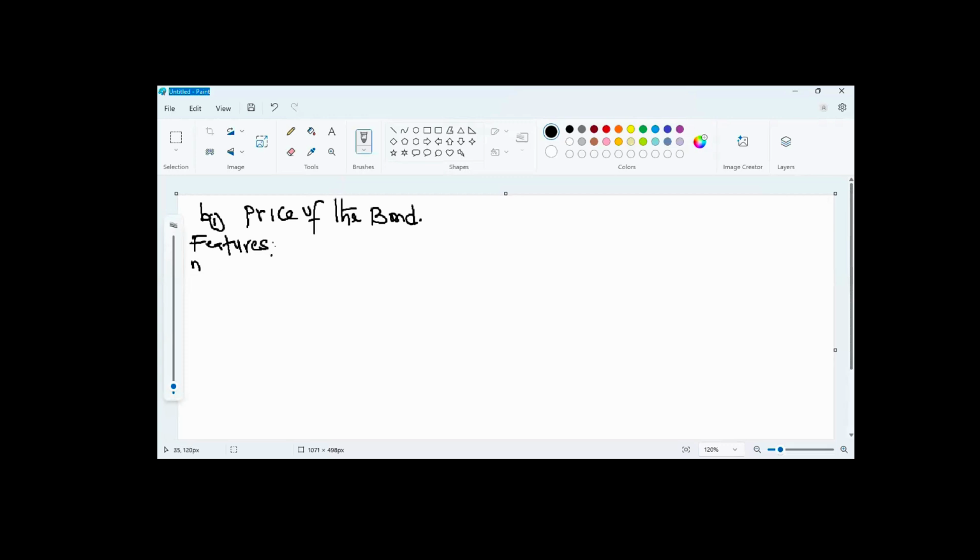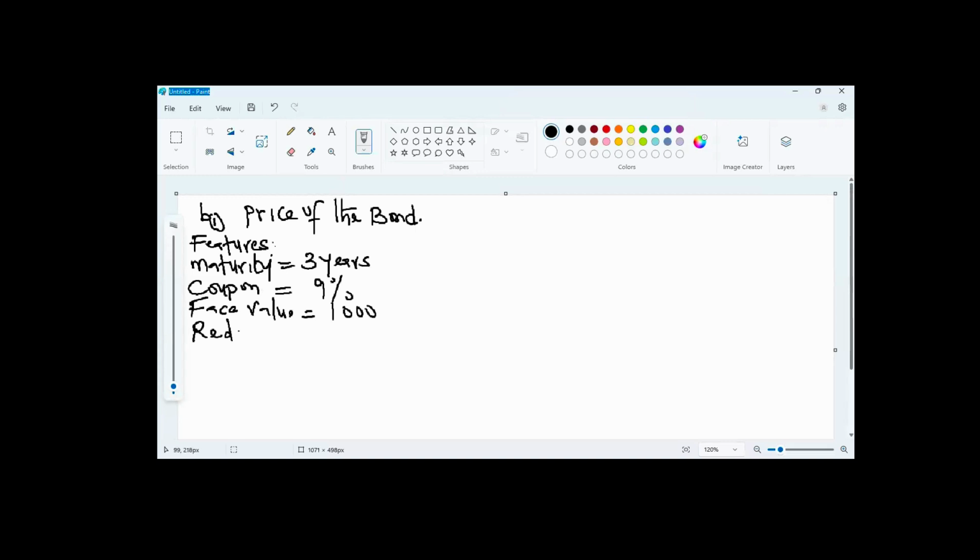The maturity of this bond is 3 years. The coupon on this bond is 9%. The face value of the bond is equal to 1,000 naira.